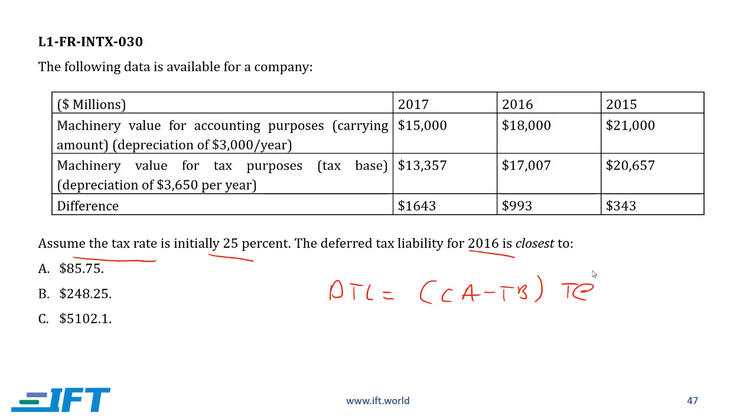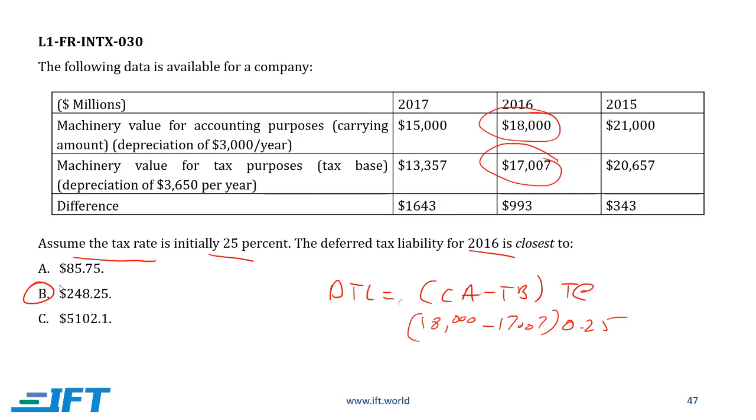So what is your carrying amount? In 2016 it is 18,000, and for 2016 tax base is 17,007. This would be 18,000 minus 17,007 multiplied by 0.25. So what's your answer?